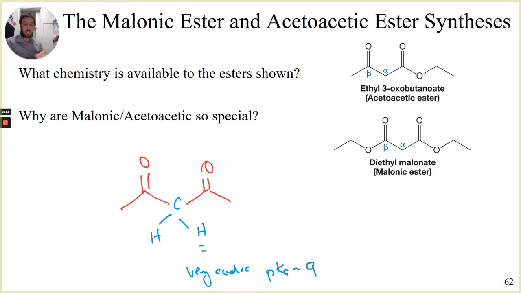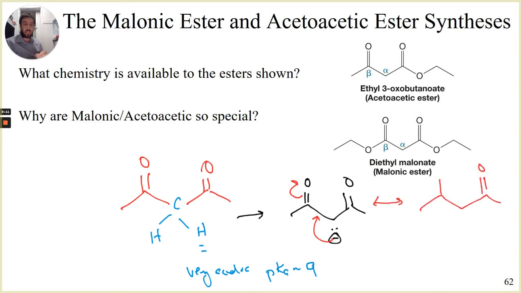That's because if we removed that hydrogen through an acid-base reaction, we would end up with a negative carbon, which isn't particularly stable, but that negative carbon can do resonance in one direction, placing the negative charge on an oxygen. Note, we're looking at a keto-enol, or we could have done the electrons the other direction.